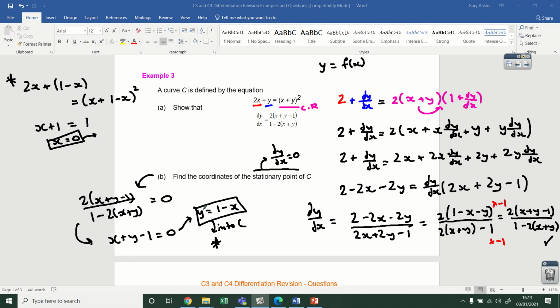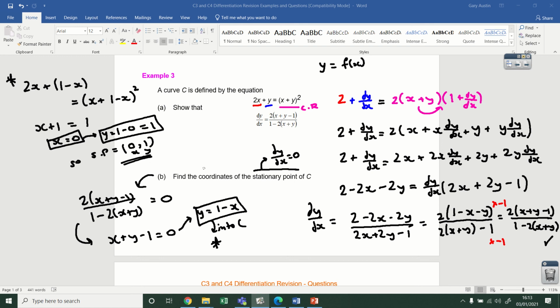I can go back to this box here. y is just 1 minus x. So y is 1 minus 0, which is 1. Right, so the stationary point is 0, 1. And that's my final answer.